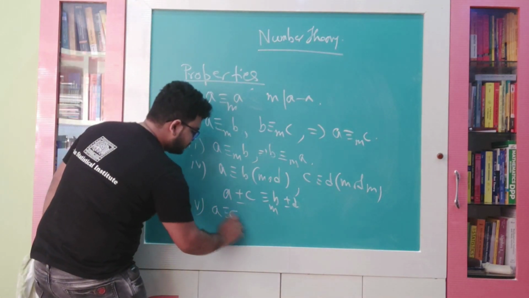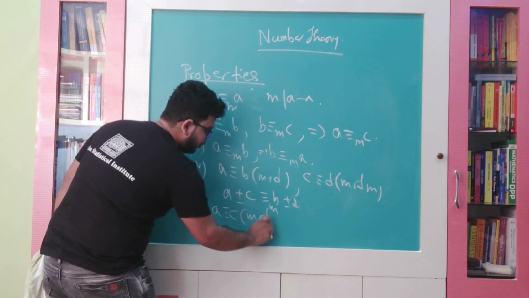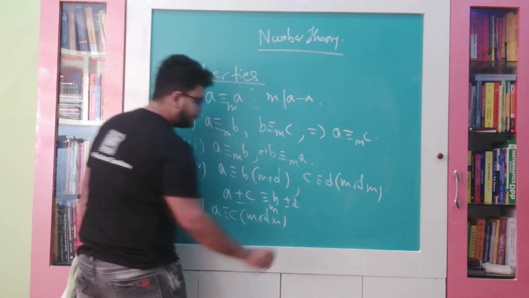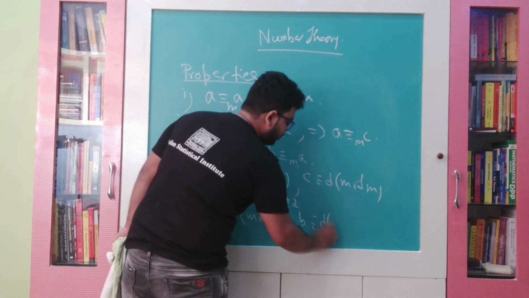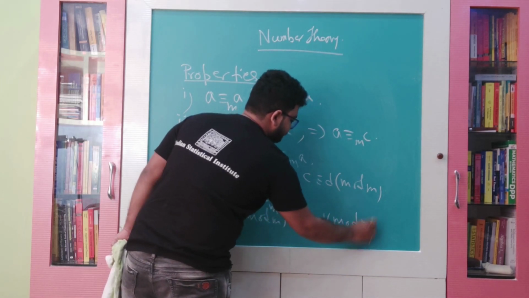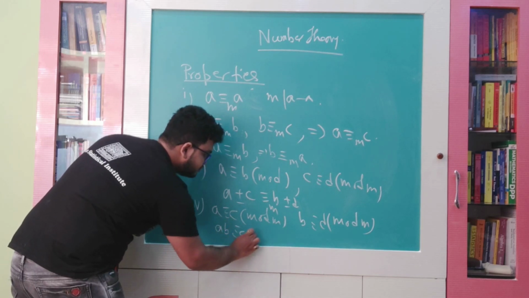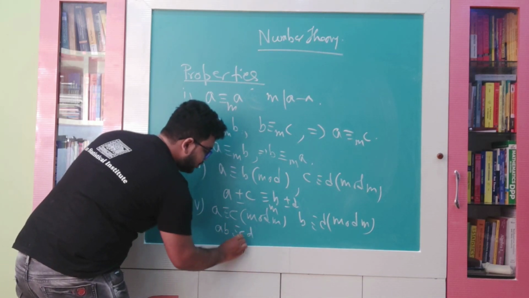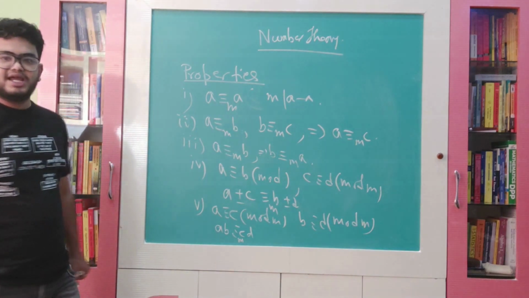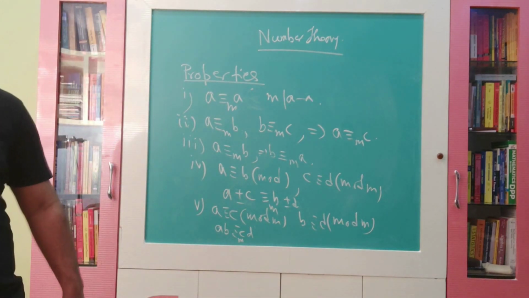If A is congruent to C mod M and B is congruent to D mod M, then AB is congruent to CD mod M.